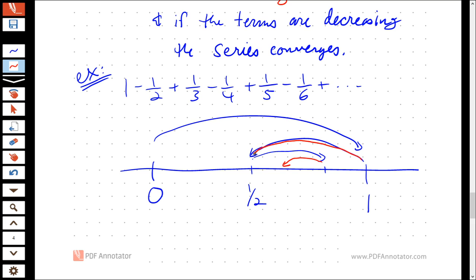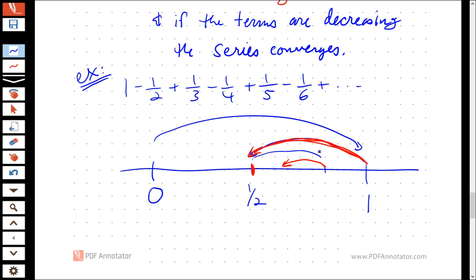And so you see that with every step we do, we're never going as far as the previous step. Like this 4th step goes backwards, but it doesn't go backwards past where I started before the 3rd step.